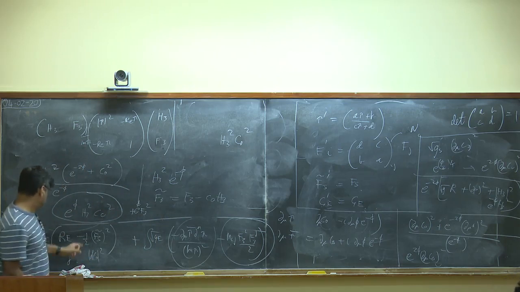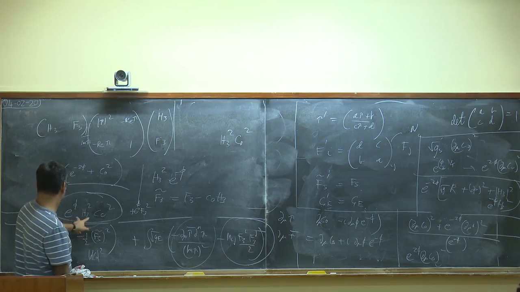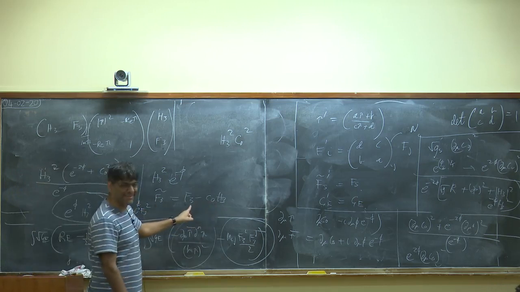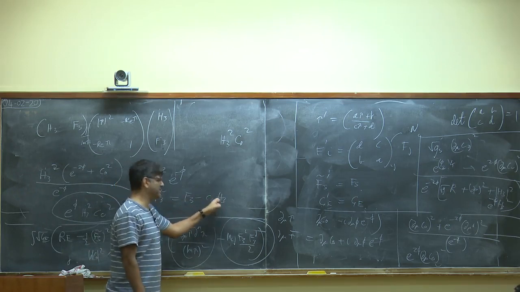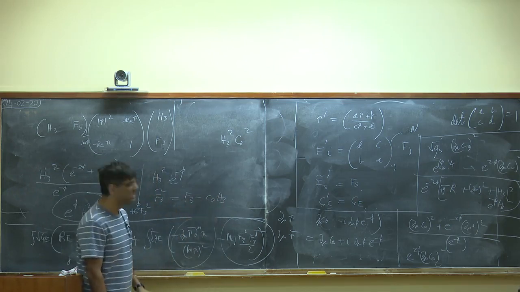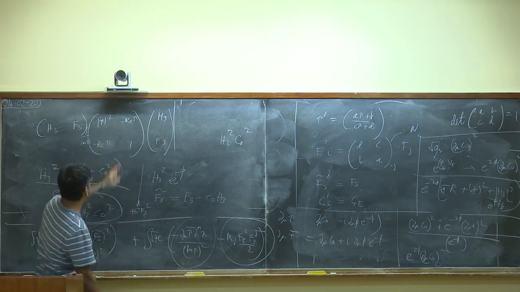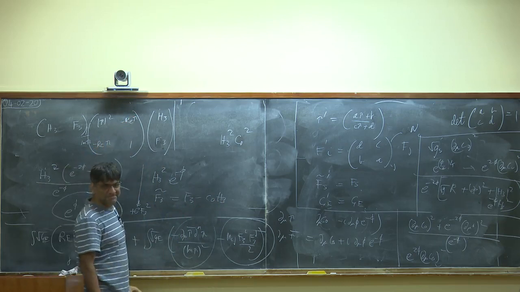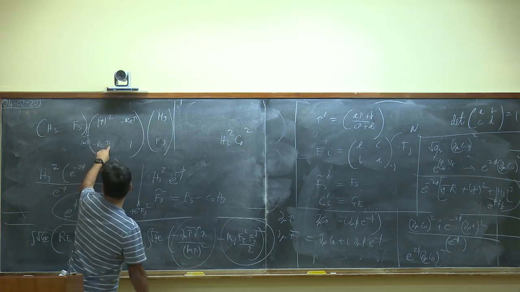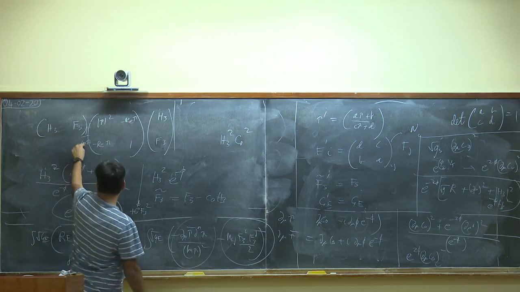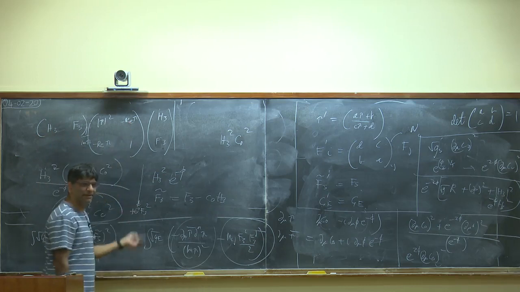Finally, this object here had a linear term, right? Had an F3 H3 C0. That's the role in life of this guy. Because the real part of tau is C0. So C0 is going to come with H3 F3 C0, and the 1 by Im tau will give the e to the power phi.